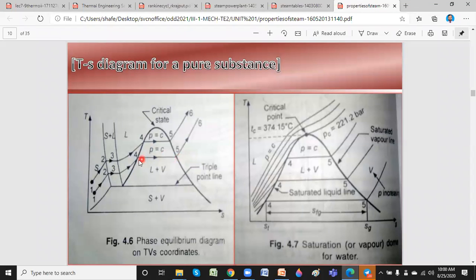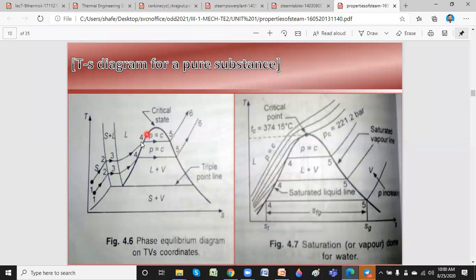Now this amount of heat I have to add so that it converts from water at point 4 to vapor at point 5. This is sensible heat, so 3 to 4 is called sensible heat, 4 to 5 is called latent heat, HFG, and 5 to 6 is superheat. I will not discuss the superheat now. We will only go up to saturation, which is this particular point 5.